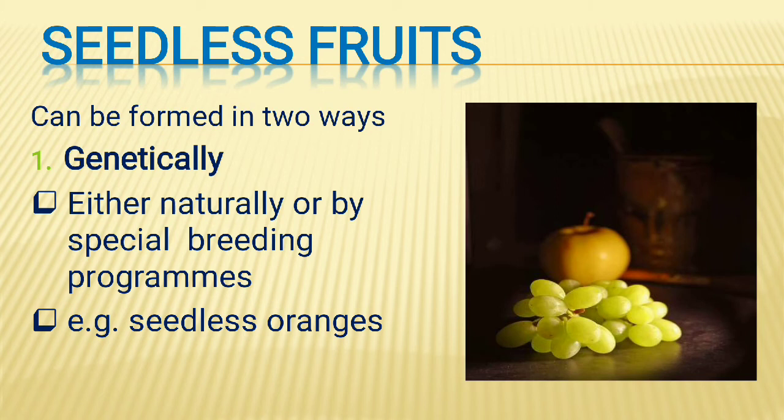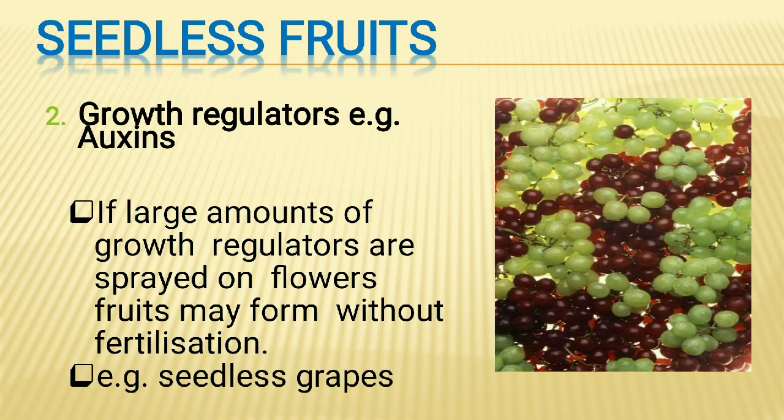Examples of genetically produced seedless fruits are seedless oranges. Now I have given only one here. Even nowadays seedless guava fruit is coming, and seedless watermelons are also coming, where you cannot see seeds. Sometimes it happens naturally by parthenocarpy, or they are bred genetically. Modified. The next factor is growth regulators or growth hormones, especially auxins.